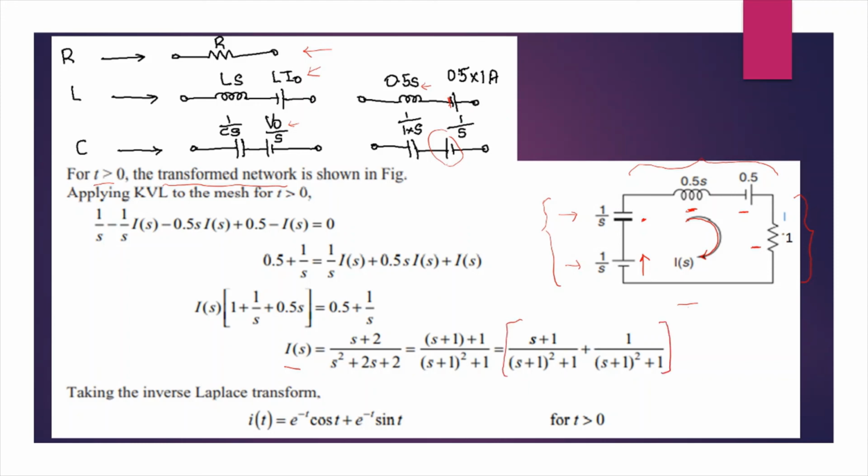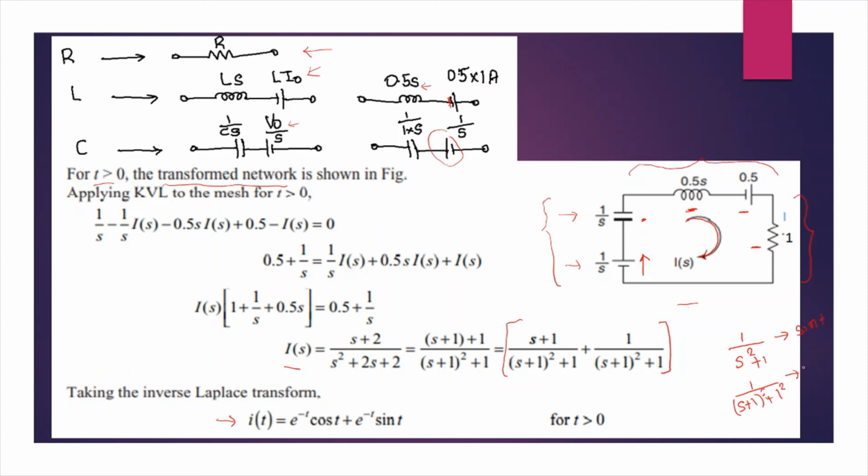And in order to take the inverse Laplace transform to find I of t, we can use this equation, that is 1 by S squared plus 1 would become sin t. So if there is a shift, it would be 1 by S plus 1 the whole square plus 1 square.